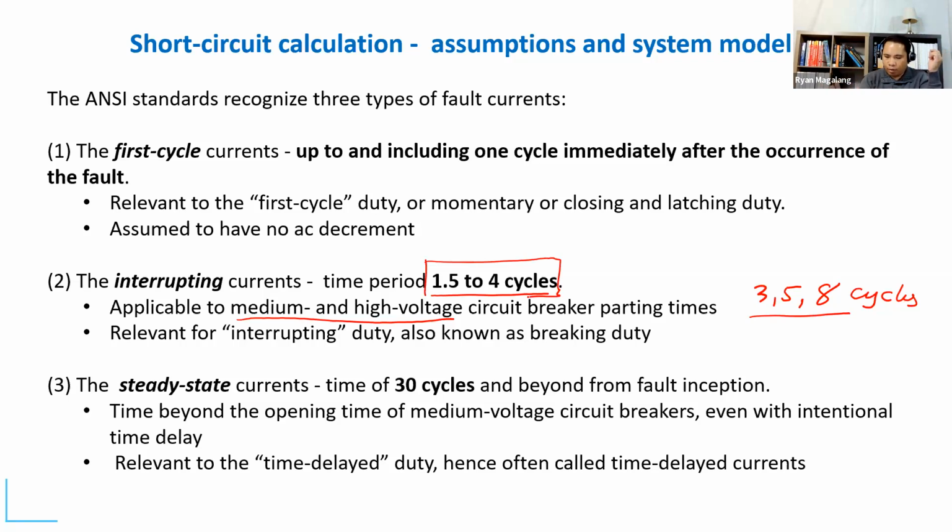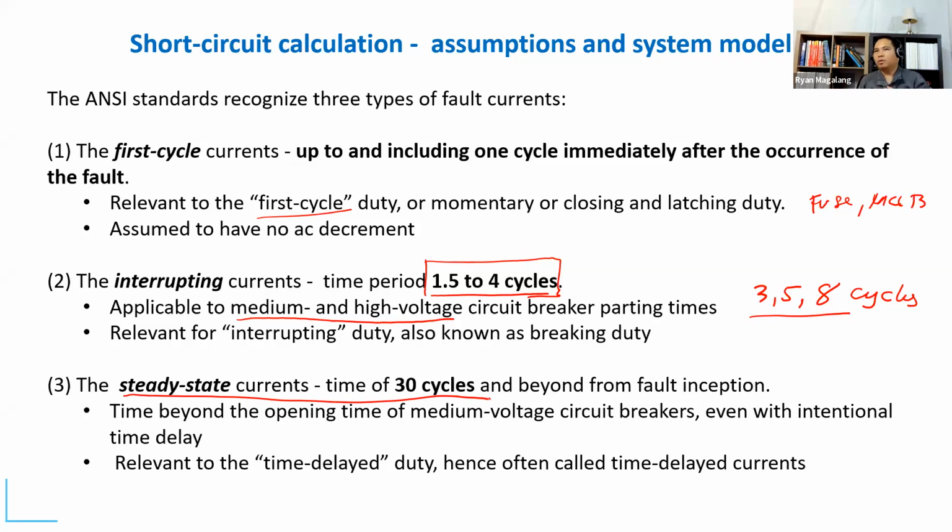But for fuses and MCCBs, the ones that are very fast, you have to look at the first cycle duty, first cycle current. Of course, the steady state or 30 cycle, you have to consider that for your time delayed devices.